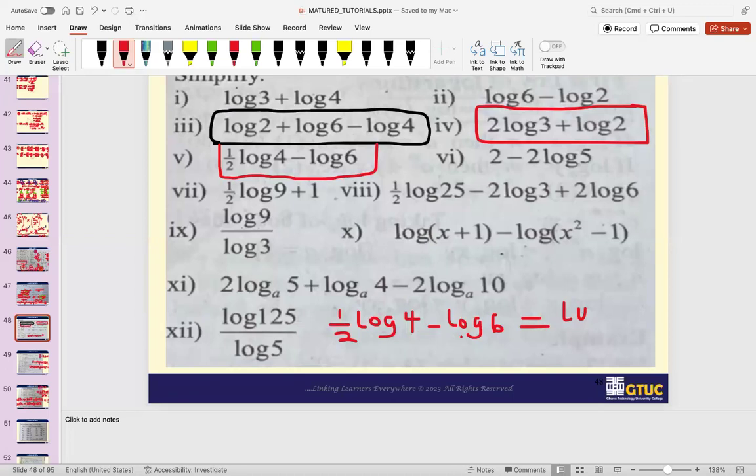Half log 4 minus log 6 will be equal to log 4 to the power 1 over 2, minus log 6.